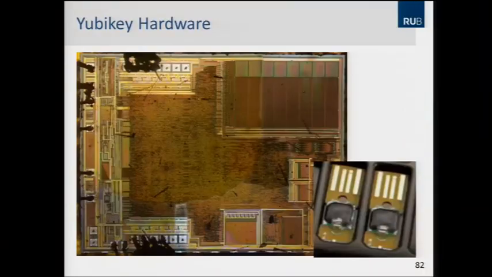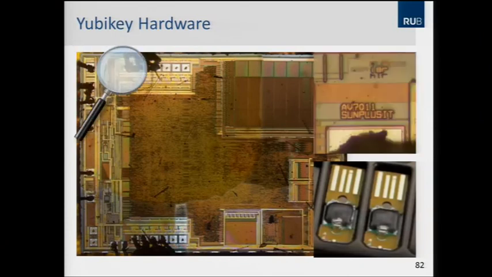This looks like some microcontroller to the trained eye with some memories and so on. And we finally also found some marking on there. It says Sunplus IT. Probably nobody knows this, but it's in virtually every keyboard or mouse. So it's a cheap USB microcontroller, and it has this feature to do this keyboard emulation.